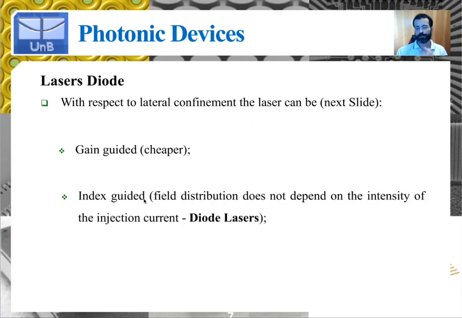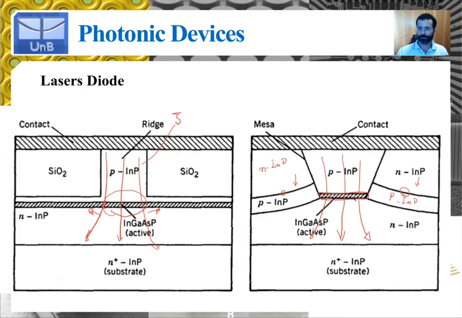Another advantage of the index guided structure is that the field distribution does not depend on the intensity of the injection current, right? So basically the difference in refractive index between this region, so let's call this the refractive index of the active region, and the refractive index of the surrounding medium, which will basically be the refractive index of indium phosphide, is much greater than the difference in refractive index between this region and the lateral region right here.